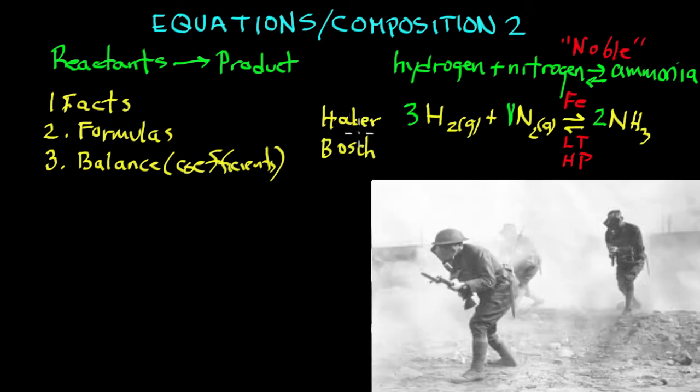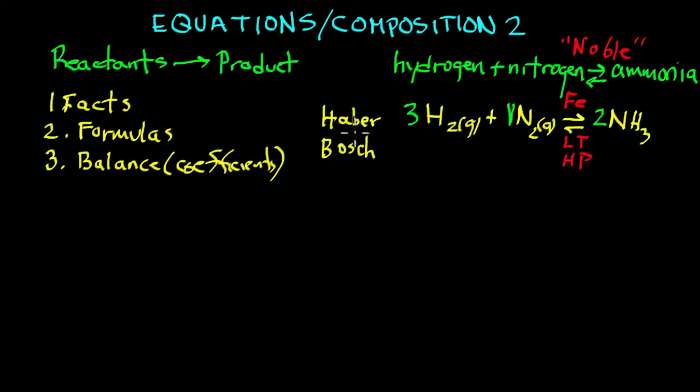Later he was forced out because he was Jewish. His son also committed suicide at the end of World War II, something not known until a short time ago. So Haber was a great mind that had a pretty sad life. Fritz Haber.